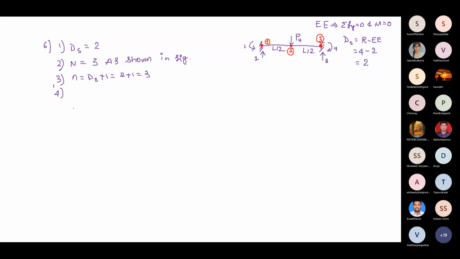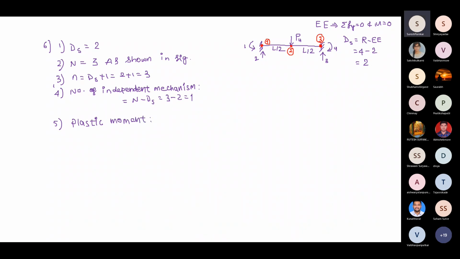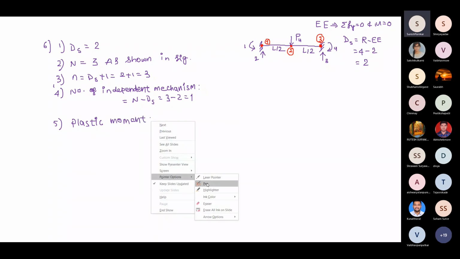Fourth, we have number of independent mechanisms equal to n minus DS, 3 minus 2 is equal to 1. And fifth, we have plastic moment. And then we will draw the diagram.